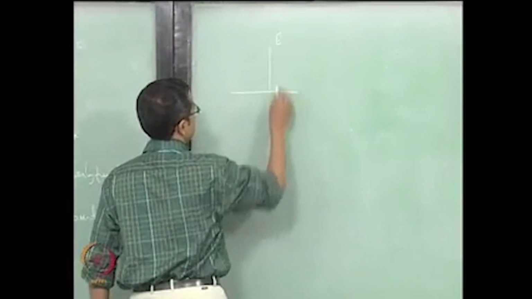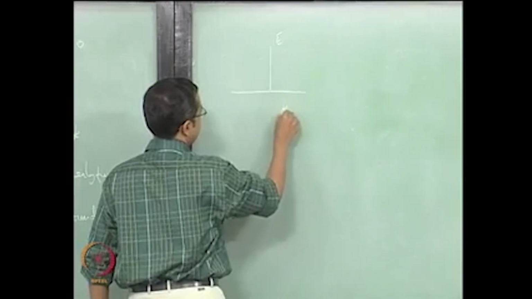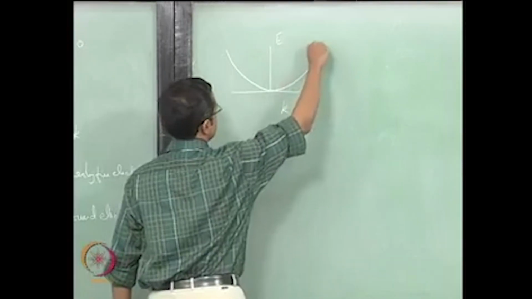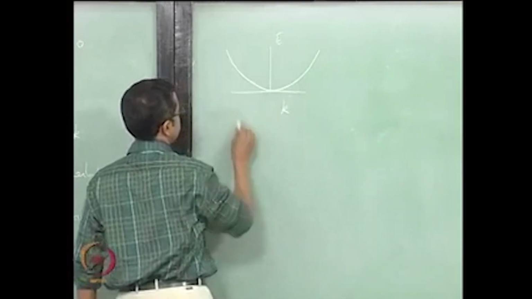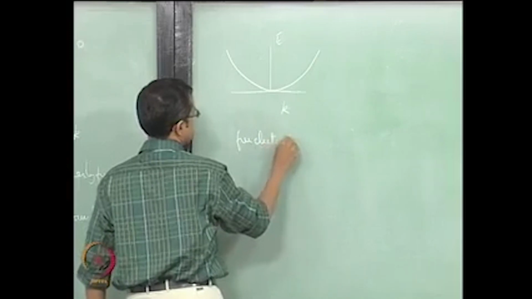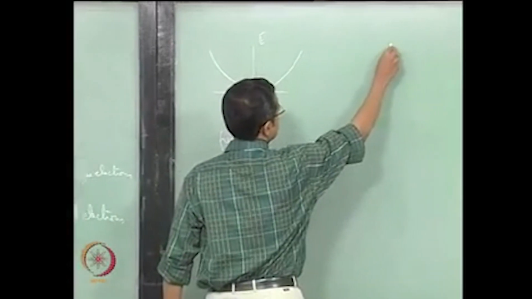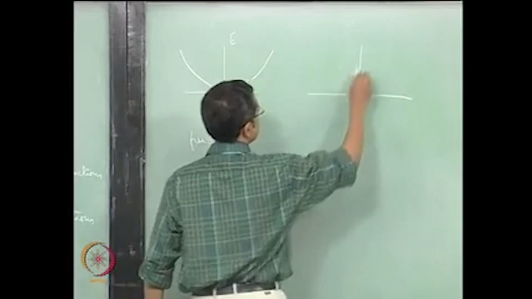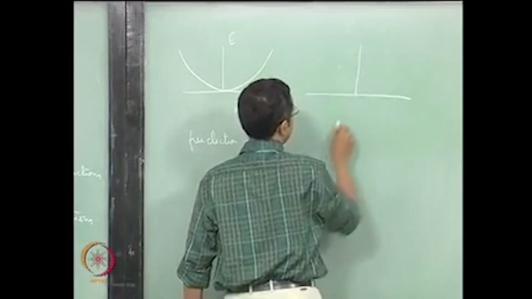This is E, this is allowed values of K. So for a free electron, so this is free electron, this is nearly free electron.